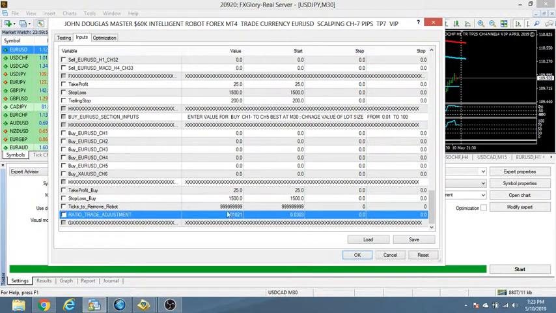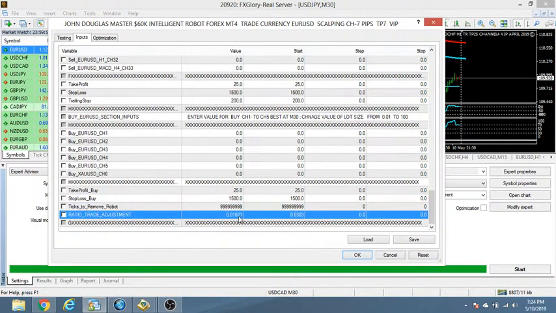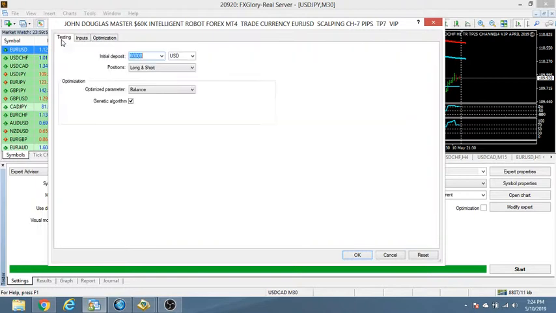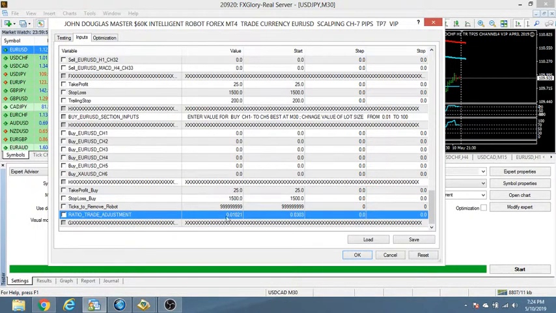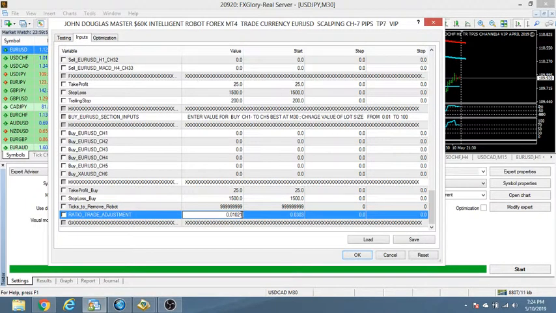I want to start a robot trading at lot 0.1.